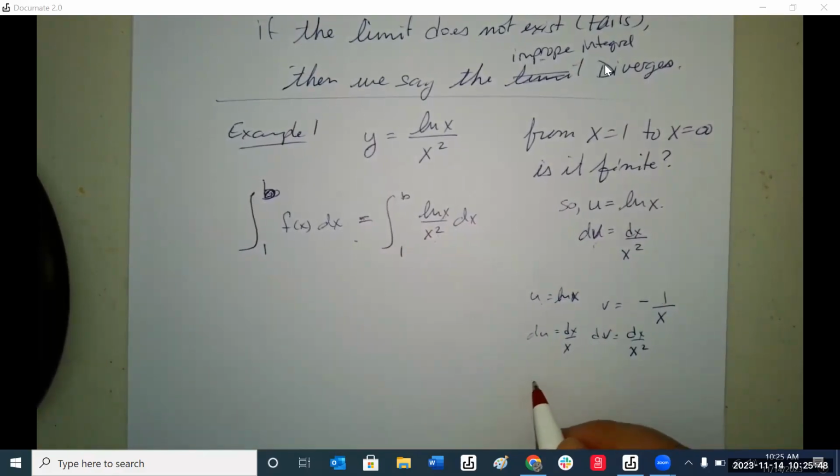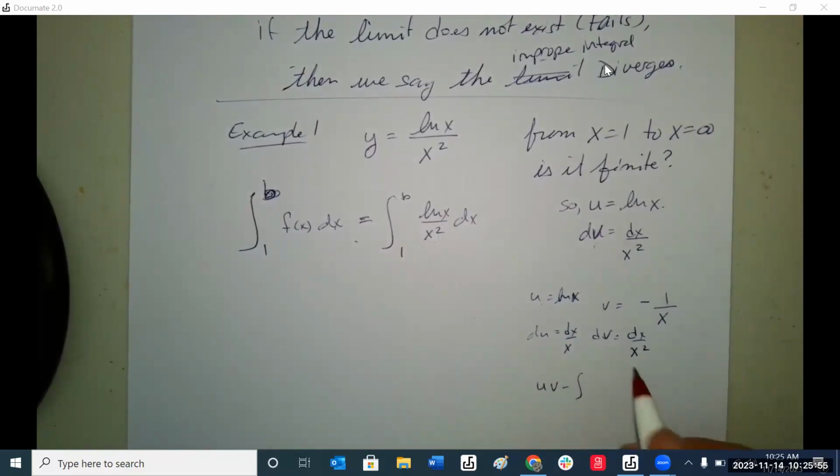Remember what the formula was as well. It was uv minus the integral of v du.